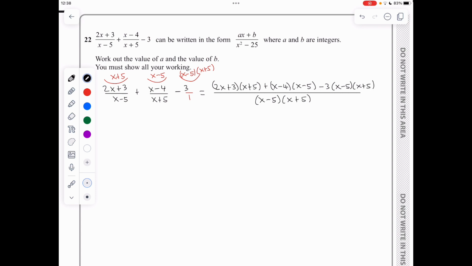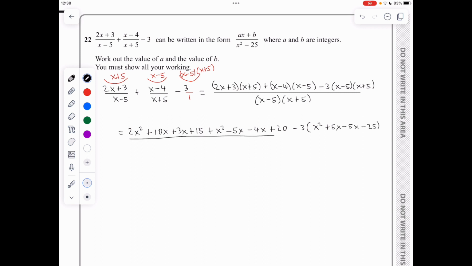So we will expand here. We are getting 2x squared plus 10x plus 3x plus 15 plus x squared minus 5x minus 4x plus 20. And then we've got minus 3 brackets x squared plus 5x minus 5x minus 25.